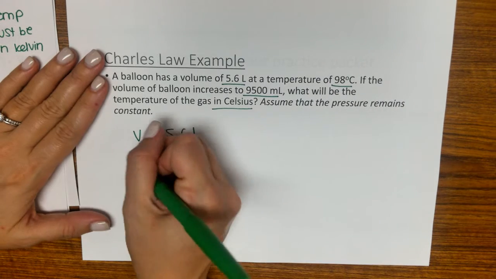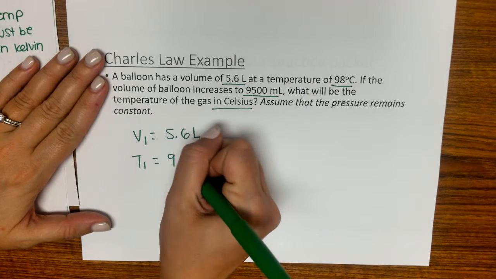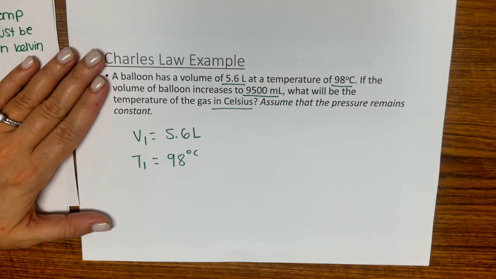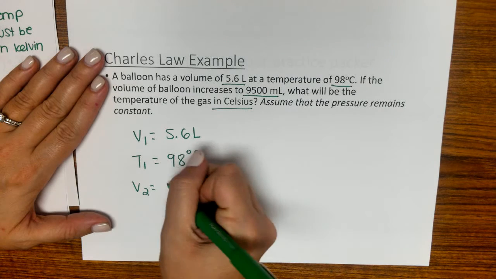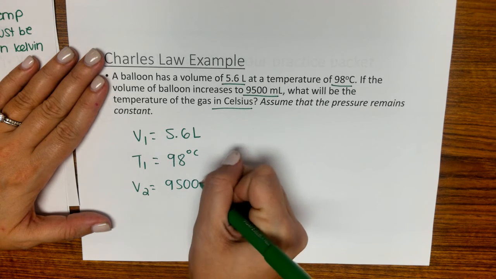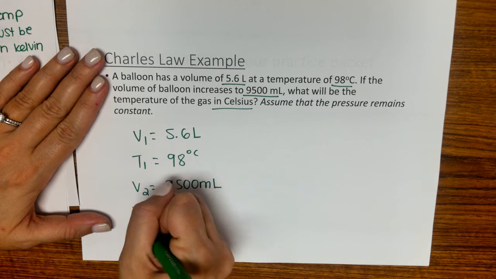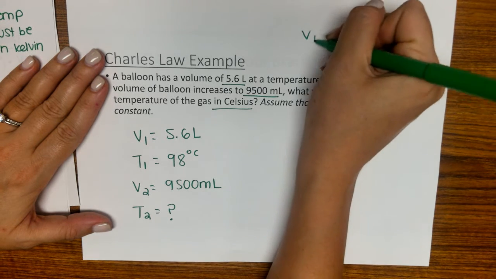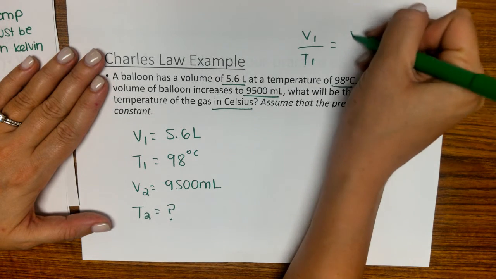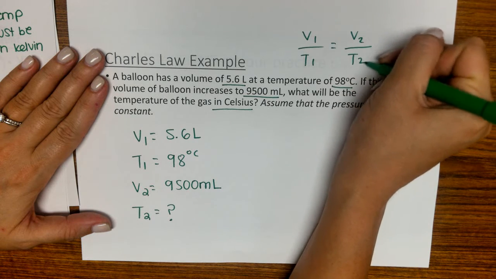My T1 equals 98 degrees Celsius. My volume increased, so my V2 is 9,500 milliliters, and I'm looking for my T2. And the equation, V1 over T1 equals V2 over T2.